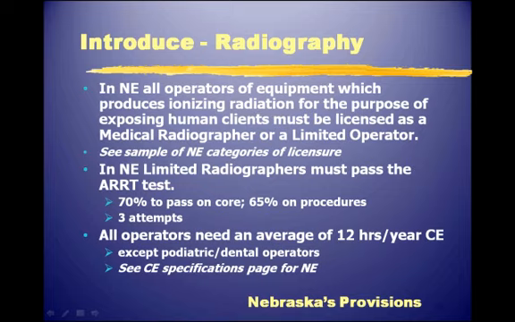And then in Nebraska, again, you must pass the ART test, and you have to receive a 70% on the core and 65% on all the procedures, and you get 3 attempts. If you don't pass any of the sections in 3 attempts, then you have to get additional education before you try the test again. Other states have similar requirements, but their passing score may be different, as an example.